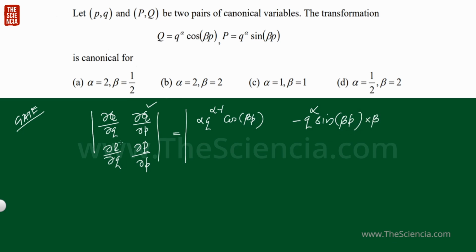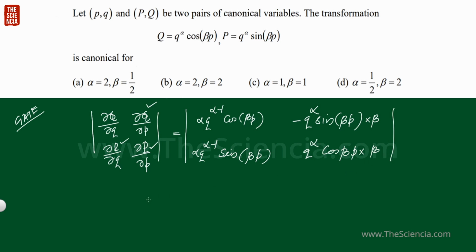And ∂p/∂q will be alpha q raised to alpha minus 1 sin beta p. And ∂p/∂p will be q raised to alpha cos beta p into beta.